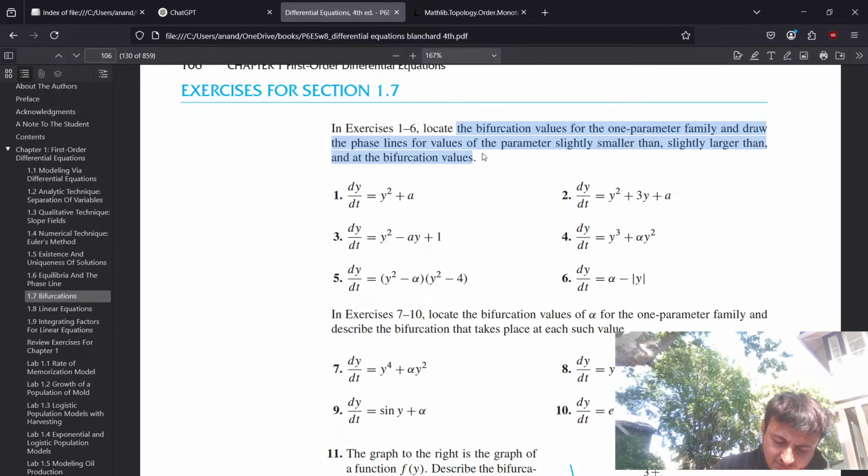So y squared is equal to minus a, or y is equal to plus or minus the square root of minus a.